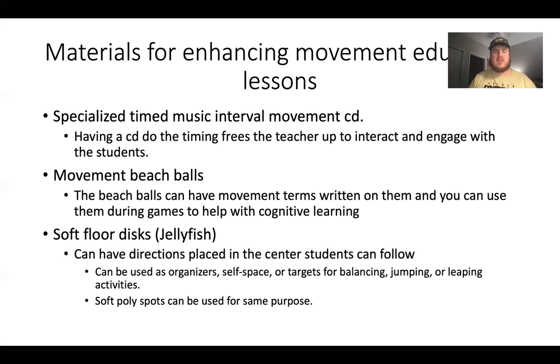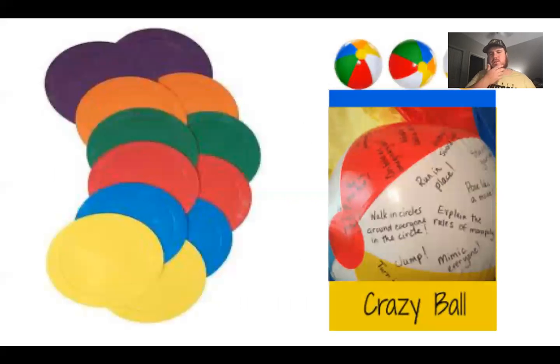They could also be used as organizers when teaching them space, self-spacing, as targets, when you're balancing, jumping, leaping, just a lot of different things. And we got some examples. You got your beach ball with a bunch of different things. Of course, they call it the crazy ball, whether it's just a name. And then you got the poly dots, which usually come in multiple colors. They're usually pretty cheap.